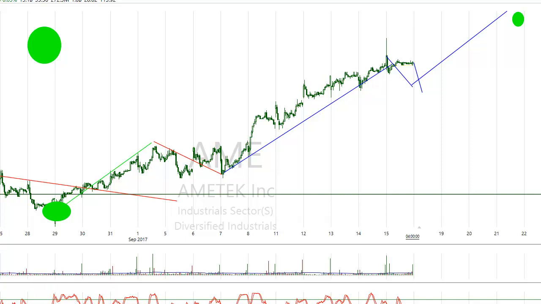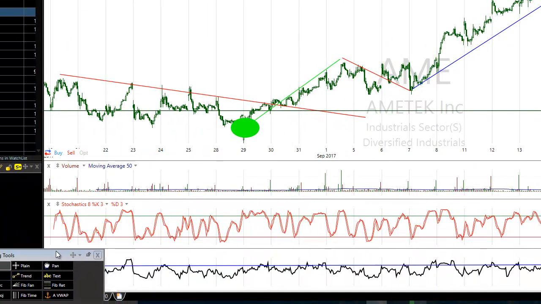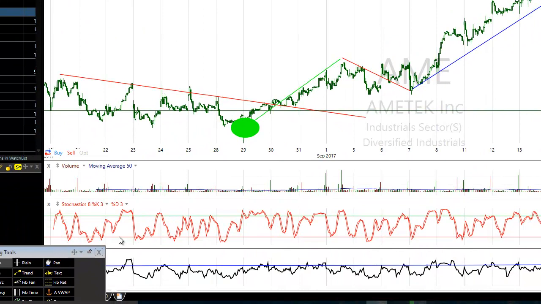The stochastic indicator, not MACD, the stochastic indicator. So if you are talking about divergence, I recommend to traders who want to trade divergences to use the stochastic 8-3-3, nothing else. Well, you may use RSI, you may use MACD. I'm not saying that you cannot, you can, all right? But the best technical indicator is the stochastic indicator.